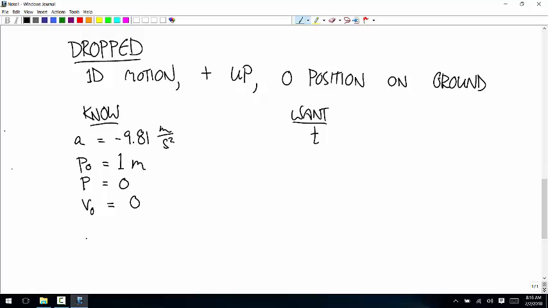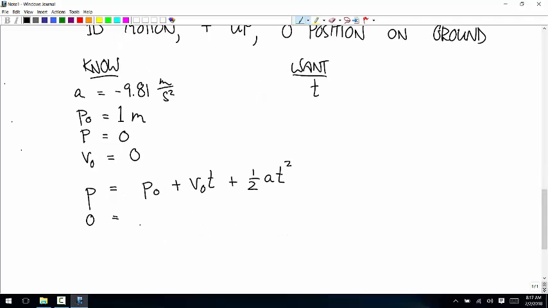It looks like, yes, p is equal to p0 plus v0 t plus 1/2 a t squared. So we have 0 is equal to 1 plus 0 t minus 4.905 t squared. So t squared is equal to 1 over 4.905.